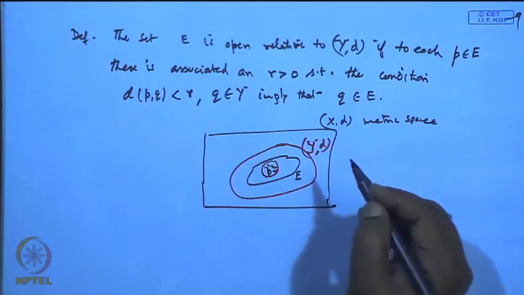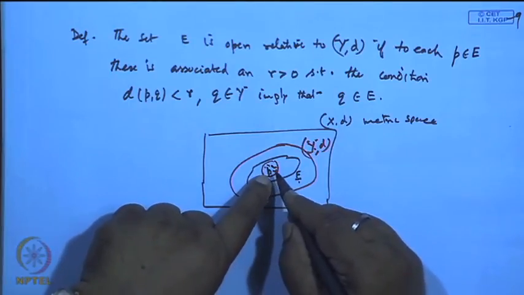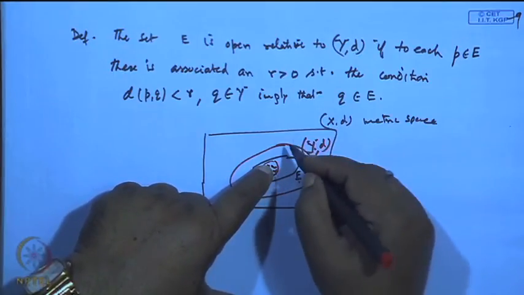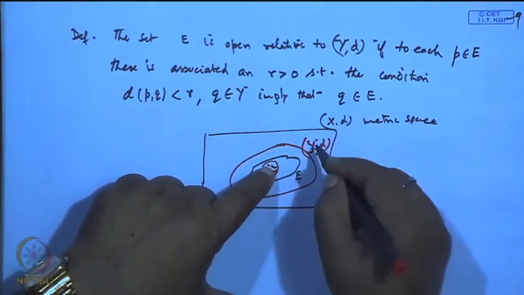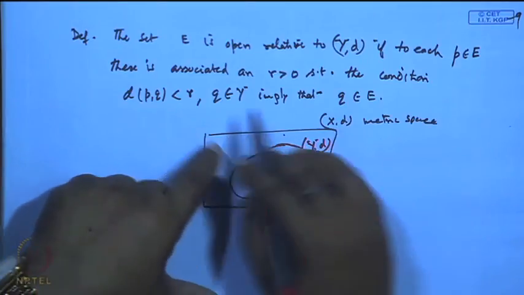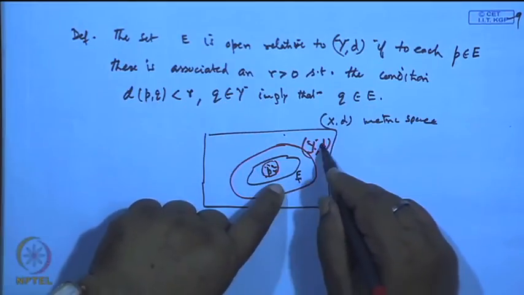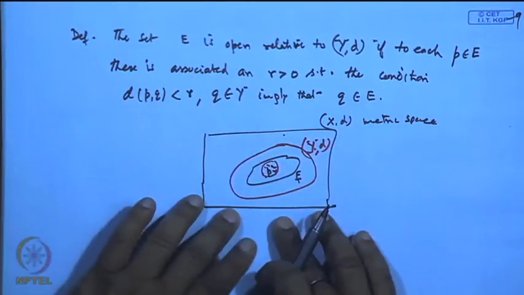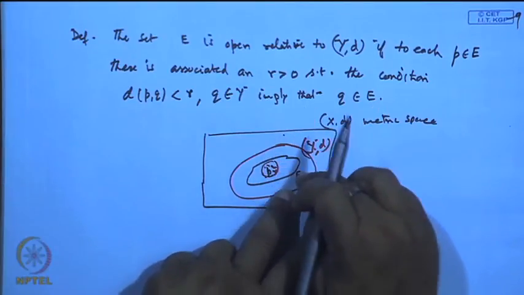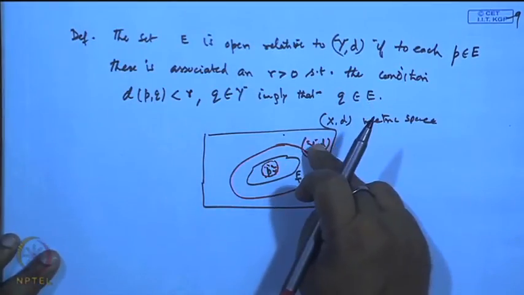Then we say that E is open with respect to Y. Now, when you draw the neighborhood around P, the point Q which you choose must be a point of Y. Of course, a point of Y is also a point of X, but there may be some points which are in X but not in Y. So, when the distance d(P, Q) is less than R and Q belongs to Y implies Q is in E, then we say E is open in Y. It is as if there is no X, only E is a subset of Y, and E is an open set in Y. Every point of E is an interior point with respect to Y. That is all. Then we say E is open relative to Y.